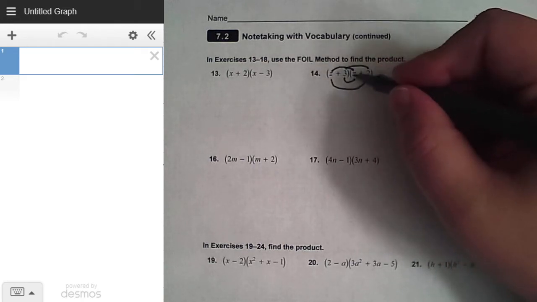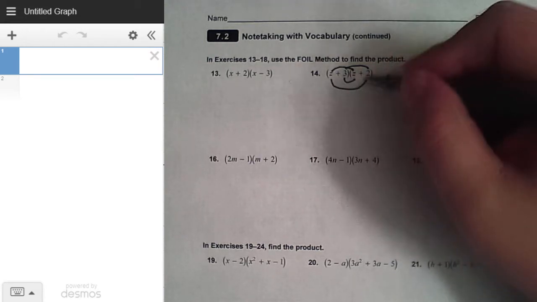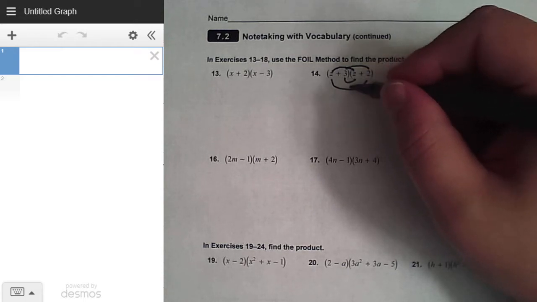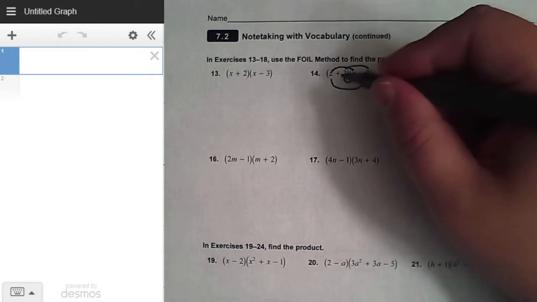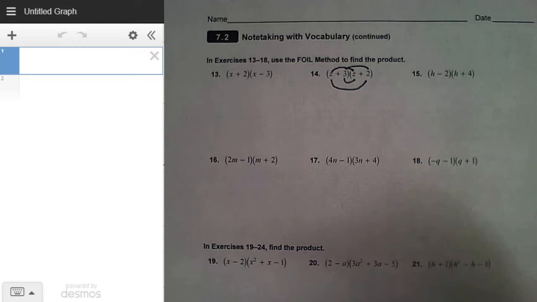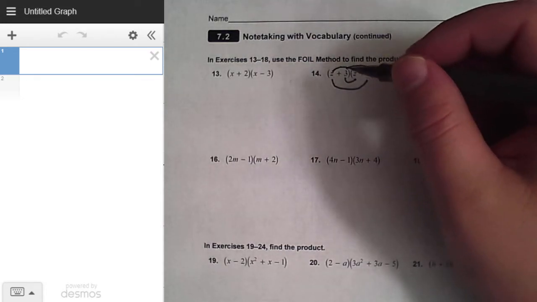So z times z is the first, then z times 2 is the outer, 3 times z is the inner, and 3 times 2 are the last terms of each of those. So that's how they got that. Now, is that the best way? No, but is it a way to do ones like this and just work through it? Yes. But drawing the happy baby makes you smile every time you do it. I promise.